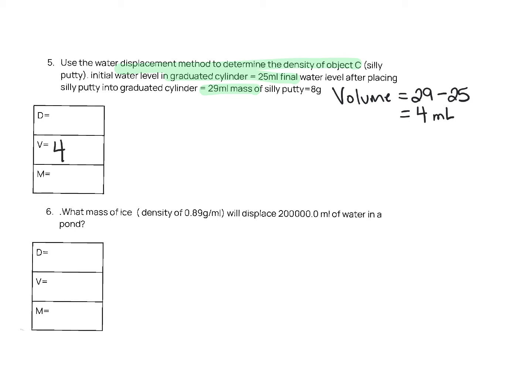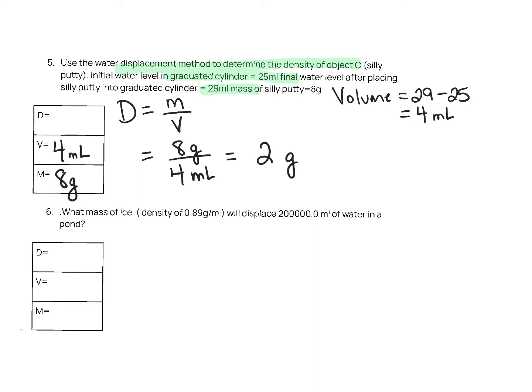I'm going to put that into my data table. Then we have the mass of our silly putty as 8 grams. So again, density is equal to mass over volume. We can take our 8 grams and divide it by our 4 milliliters. Make sure that we have our units as grams per milliliter.